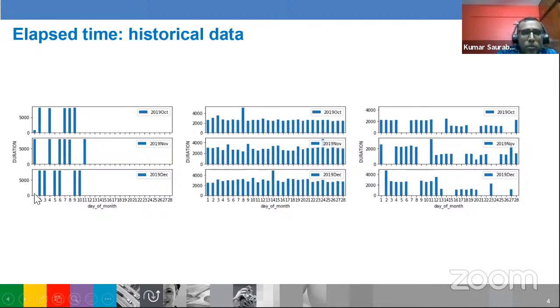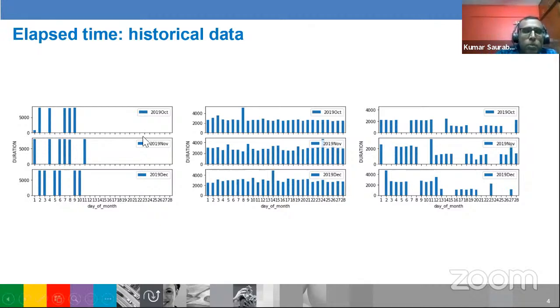During the earlier part of the month, it's taking 2 to 3 hours, and in between there could be weekends or holidays where again it finishes within a few seconds.